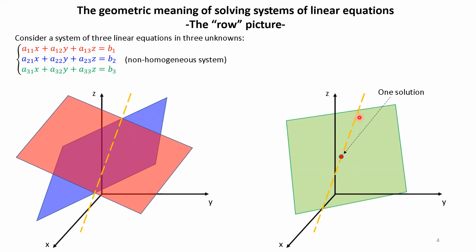Now we are finding the intersection between this line, which is obtained from the left-hand side, and the green plane itself. With a line and a plane, it's possible that you have an intersection point, just one point now. This point, indicated by the red dot, is the solution of this system. This is the case where we have just one unique solution.